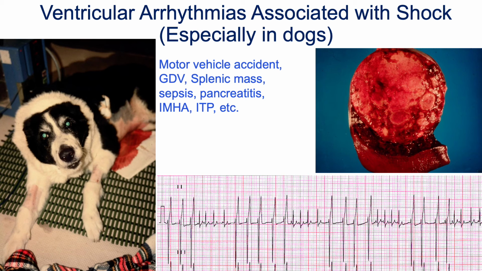So motor vehicle accidents, dogs who have gastric dilatation and volvulus, dogs with a splenic mass, sepsis, pancreatitis, immune-mediated hemolytic anemia, or immune-mediated thrombocytopenia, and a variety of other diseases can get ventricular arrhythmias that sometimes require therapy.